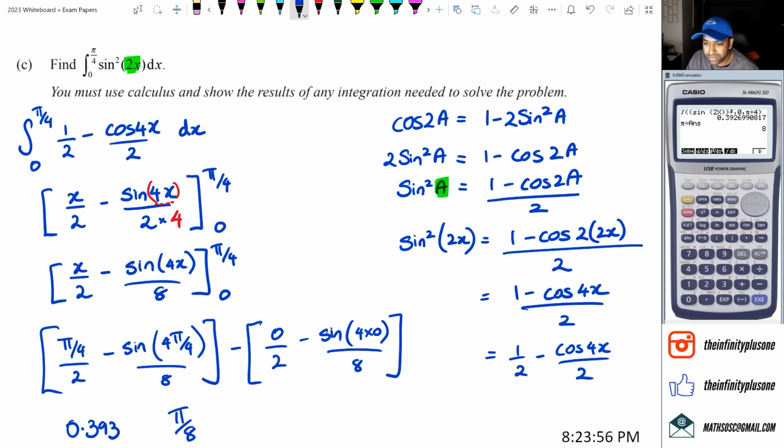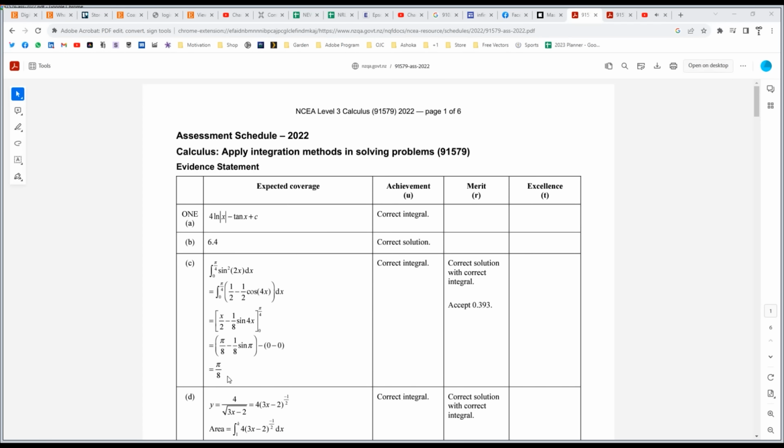I'm going to show you guys the answer schedule here. In the answer schedule, as you can see, the answer they give is pi over 8. But if you look at the merit column, they actually say accept 0.393 as well.